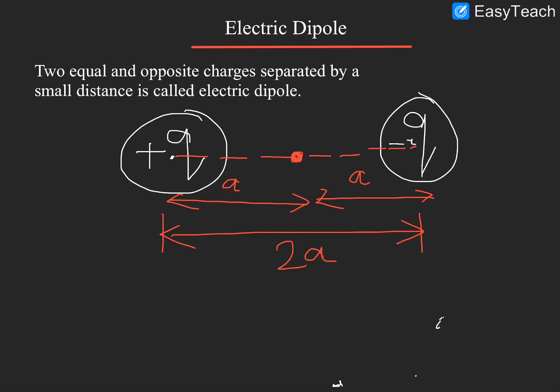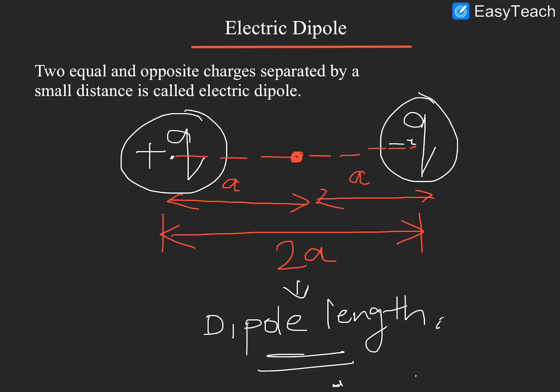This total distance 2a is called a dipole length.